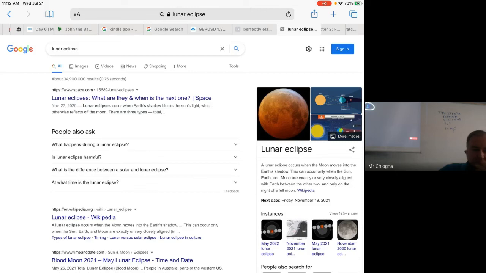So let's calculate the net force. He's just used the same distance as before, except now instead of the Earth being here, the Earth is down here. Same distance from the Earth to the Moon and the Moon to the Sun, so he can use the same values.